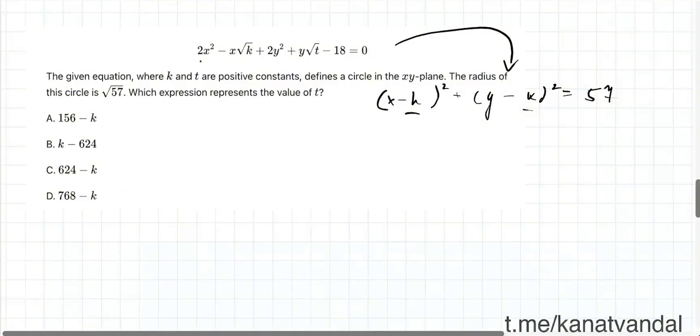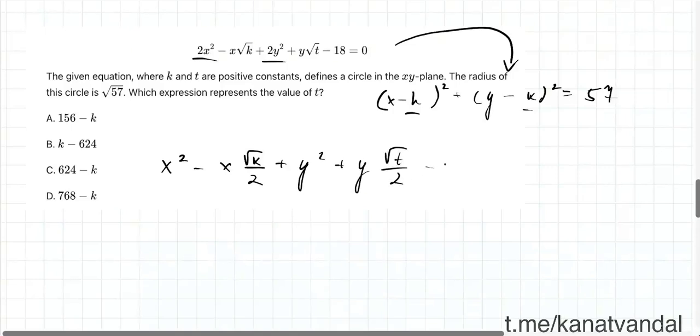First, I see that x squared and y squared are multiplied by 2. I don't need this coefficient, so I can divide the whole expression by 2 and get x squared minus x times square root of k over 2 plus y squared plus y times square root of t over 2 minus 9 is equal to 0. Here we have an opportunity to complete the square.